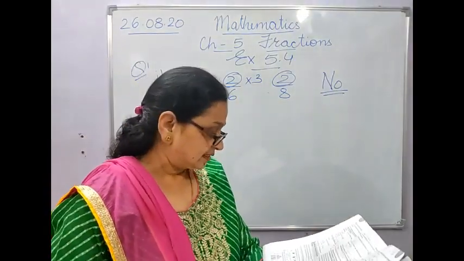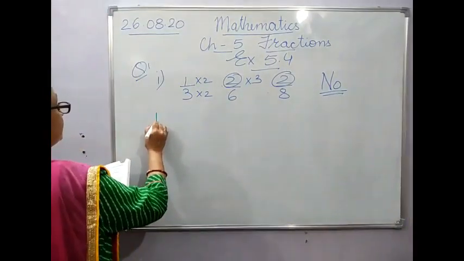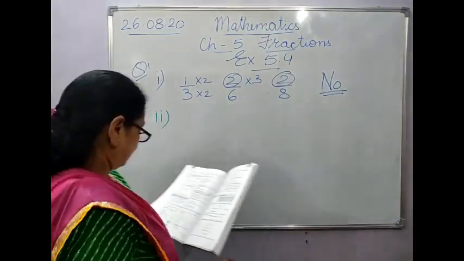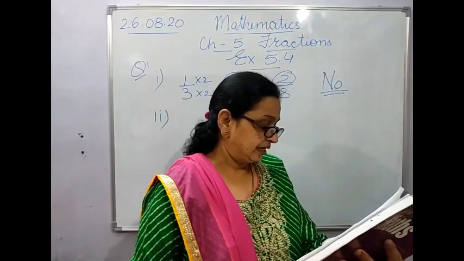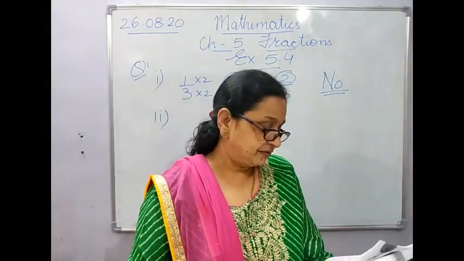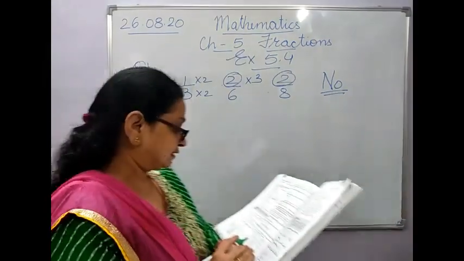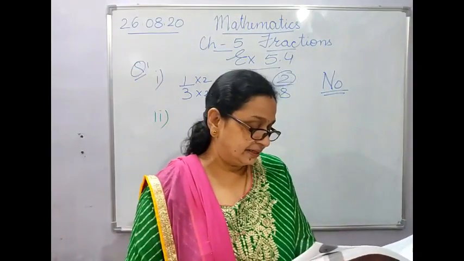See the second one of the first question. Rectangles are given in which some circles have been drawn and some are shaded. In the first one, how many circles or balls are there in that rectangle?